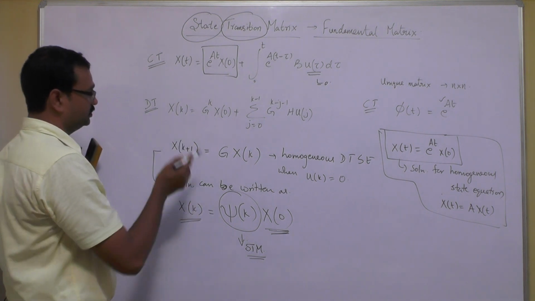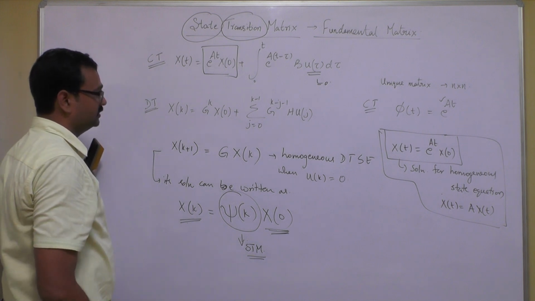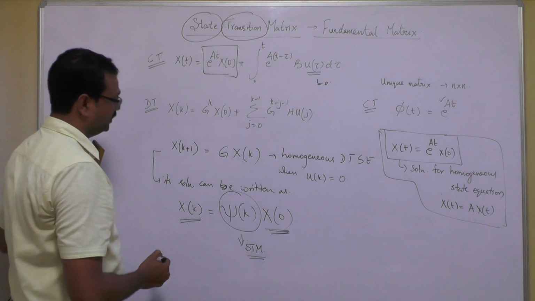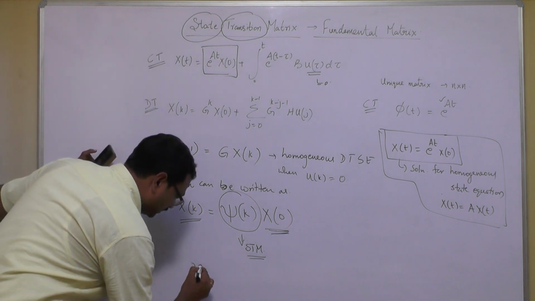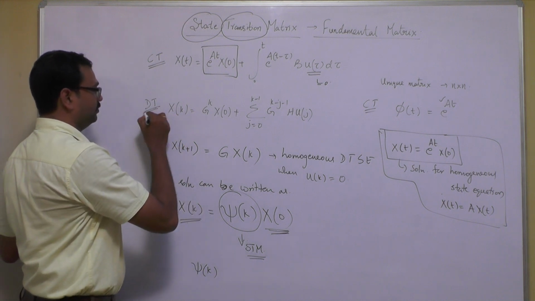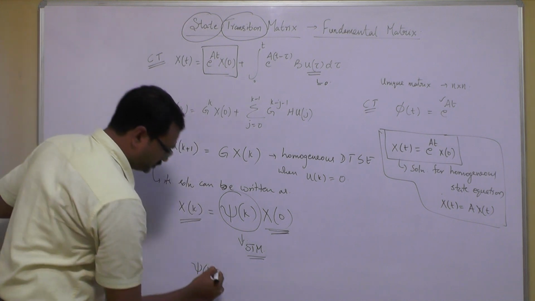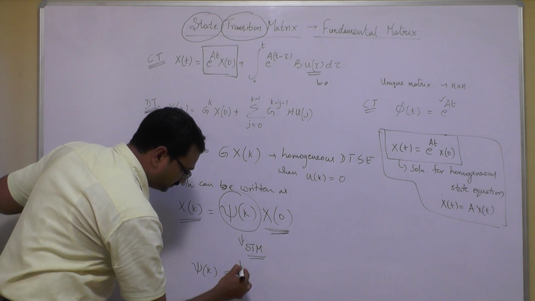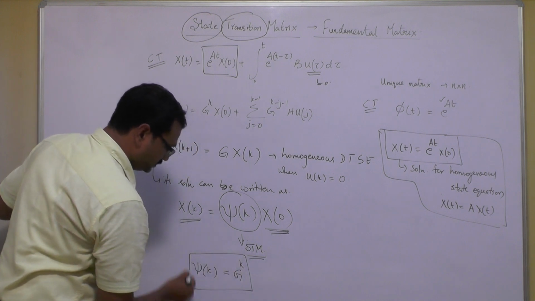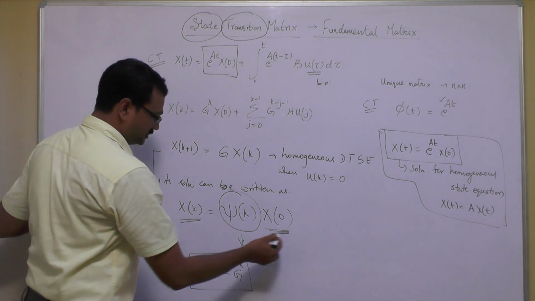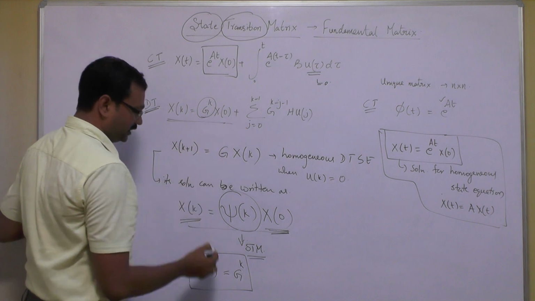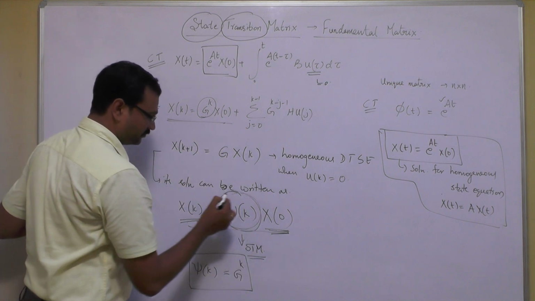When you substitute this here, you have a state transition matrix psi of k. When you compare it with this equation, you can say it is g power k. So g power k is the state transition matrix. Comparing this equation and this equation, g power k is equal to psi of k.